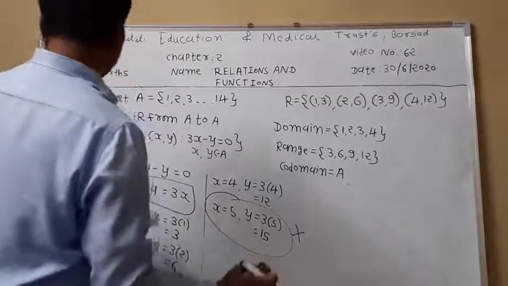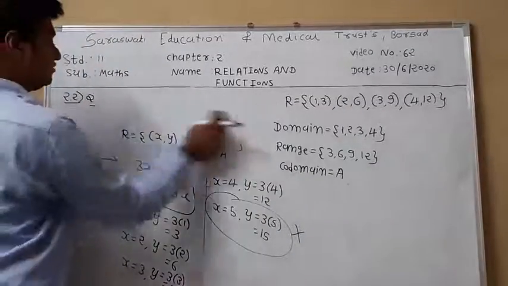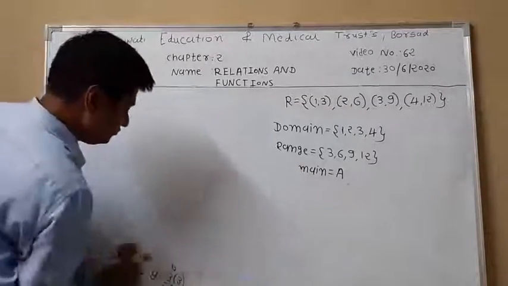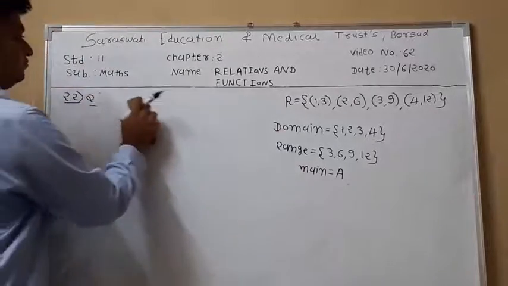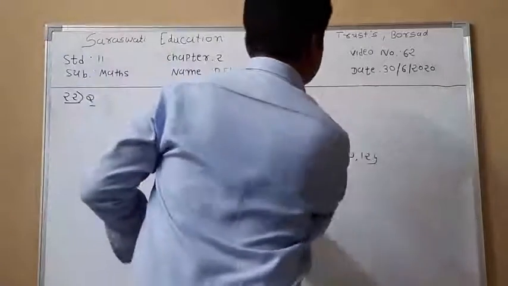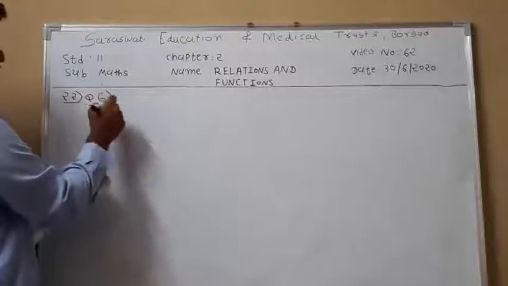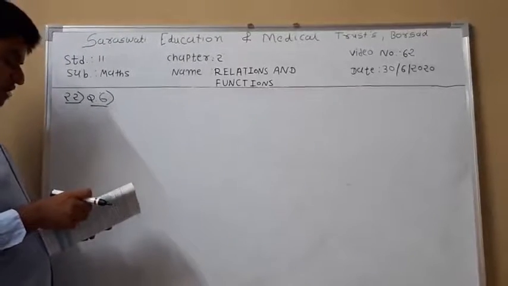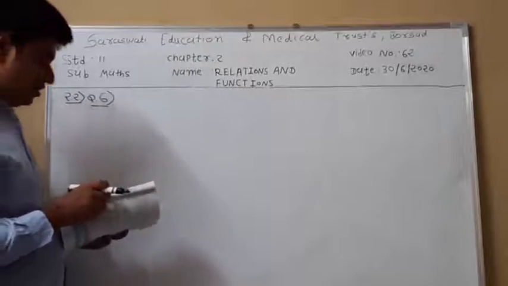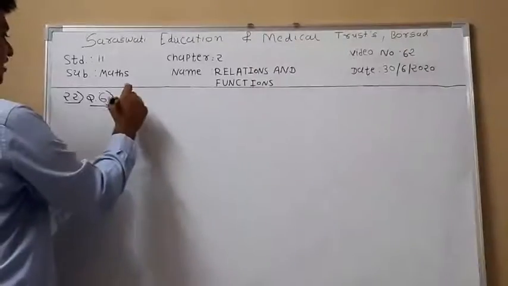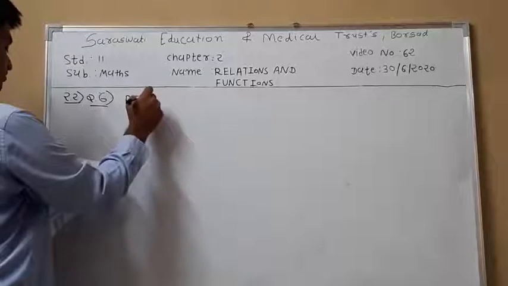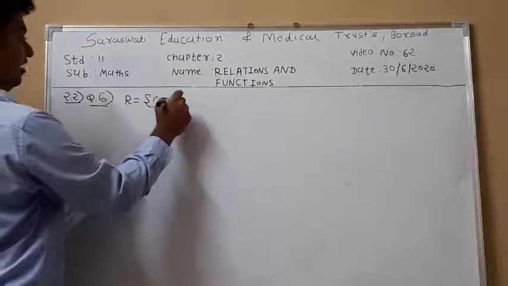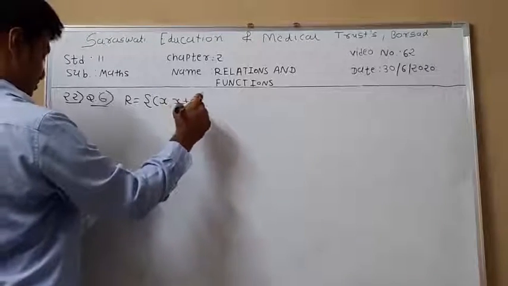Question number 6. Determine the domain and range. Our question is only to determine the domain and range of relation R defined by the set R is equal to the set of (x, x plus 5).